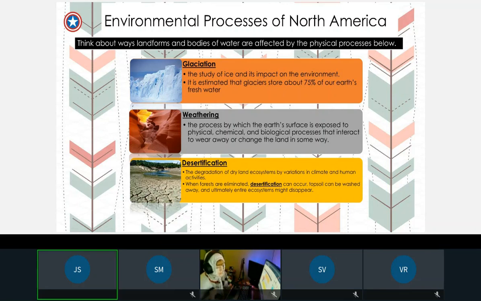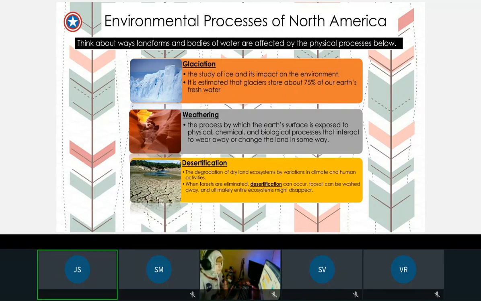Because as water levels rise, even a foot or two, just inches in the water levels, can actually take out whole areas of land. Okay, so glaciation, we have depended on that process, and that's where our fresh water has been stored. But as climate change happens, you got a problem.